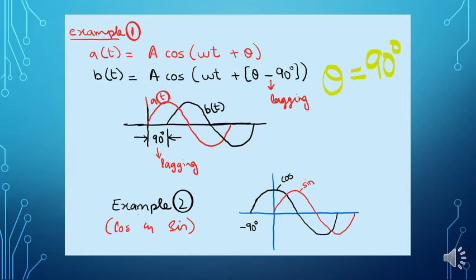Similarly, if we talk about cosine and sine waves, as we know, at the 0 point, this is our origin, the cosine wave is at its highest at the origin, and the sine wave is at 0 at the origin. So in the first case, our cosine wave, being at its highest at the origin, must be starting from somewhere earlier on our number line, that is minus 90 degrees.